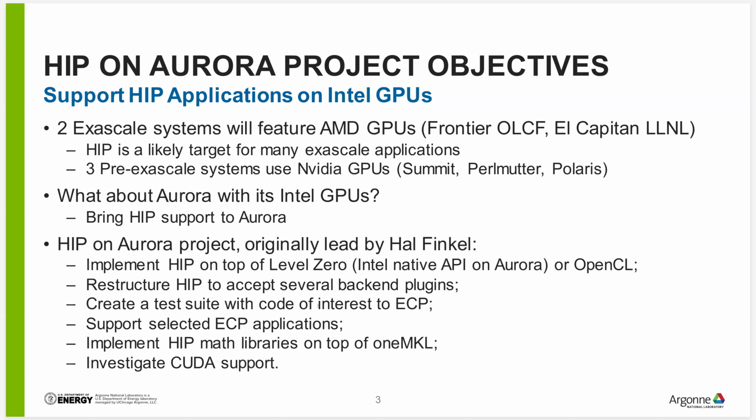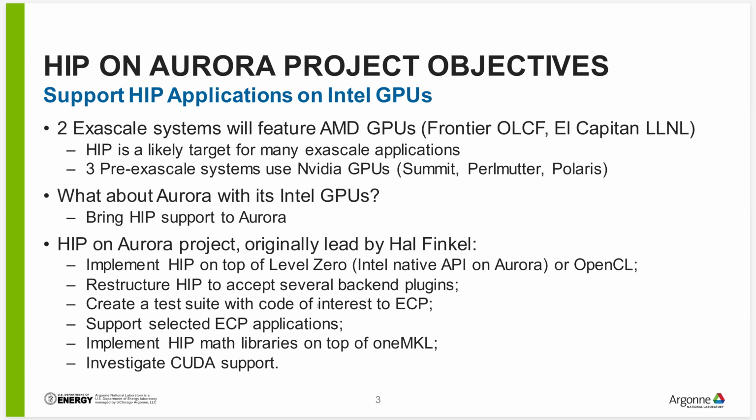The goal was to implement HIP on top of Level Zero, which is Intel's native GPU API for Aurora, but also to support OpenCL, which is a more broadly supported API.